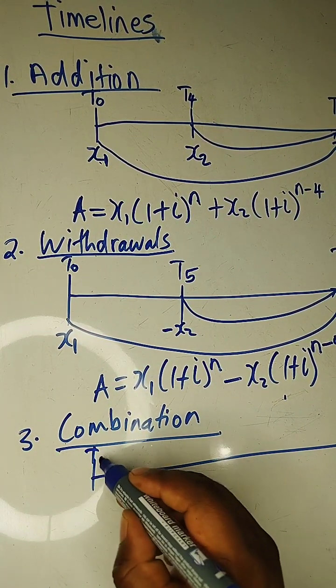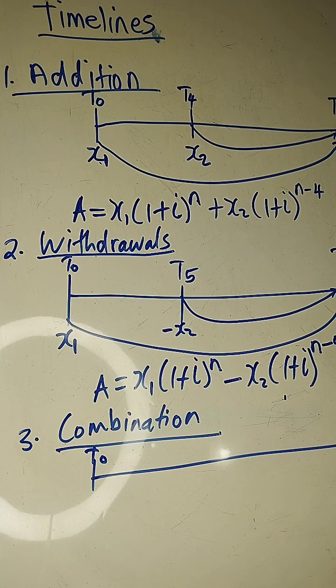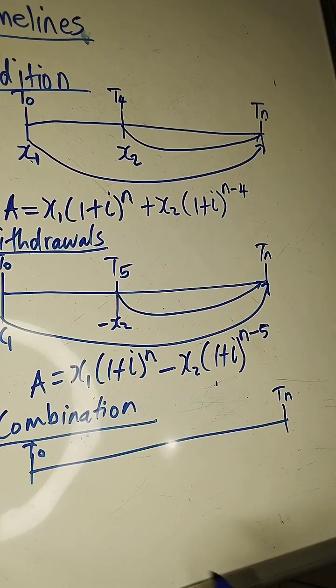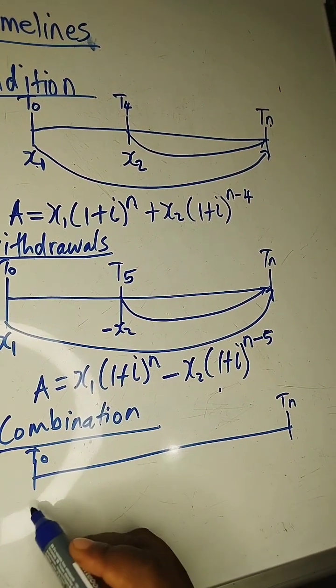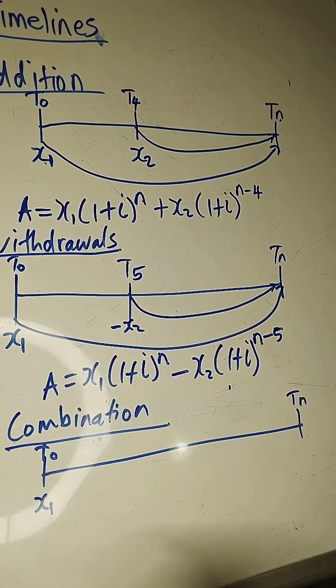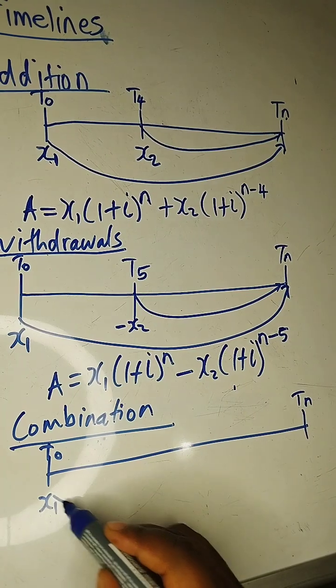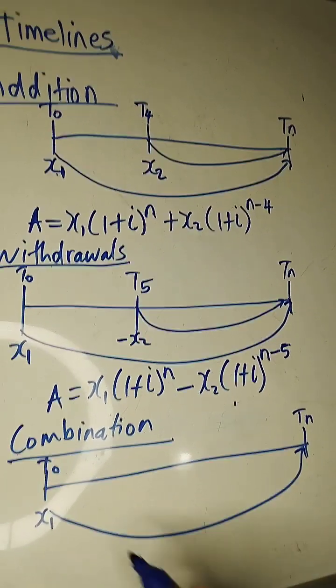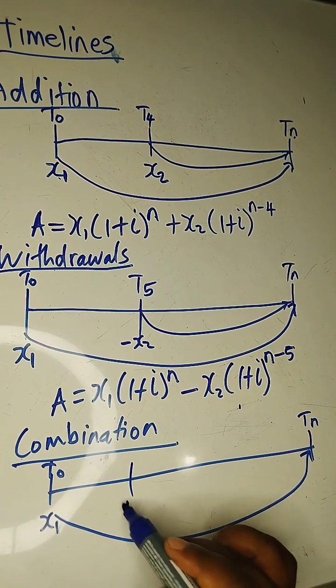This is T0, and then this is Tn. Here there was X1. Now we know that X1 goes from here to the last one.